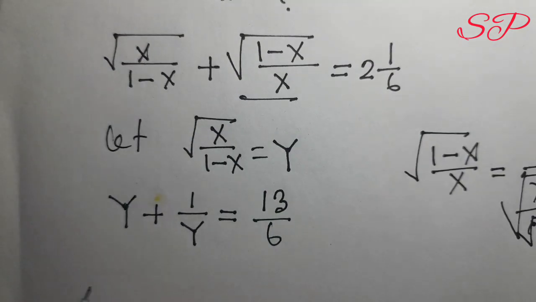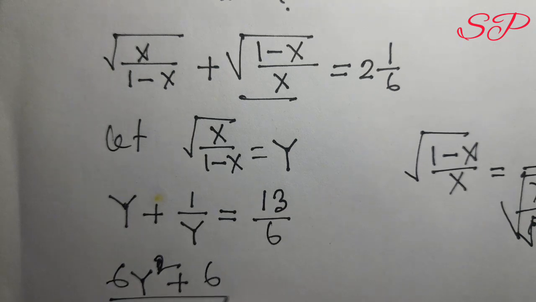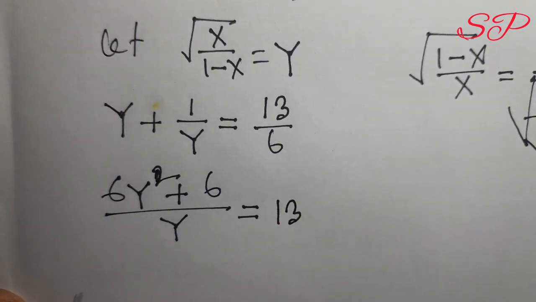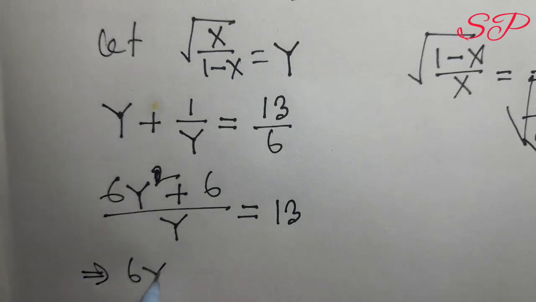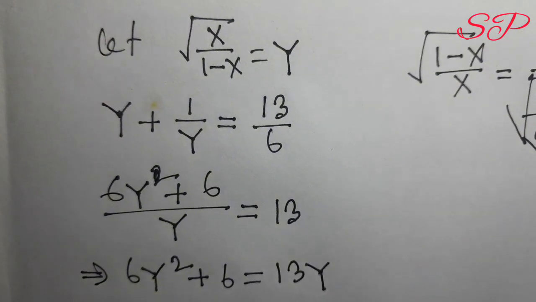Okay, now LCM: after multiplying both sides by 6y and transposing, we have 6y square plus 6 is equal to 13y.